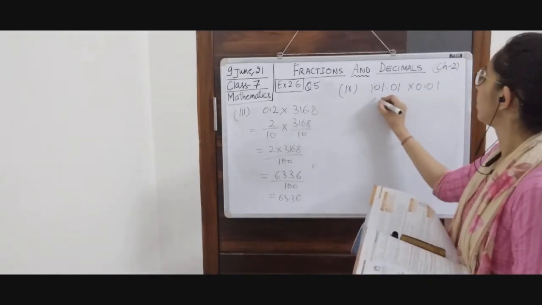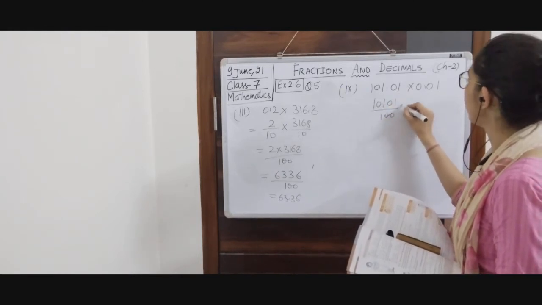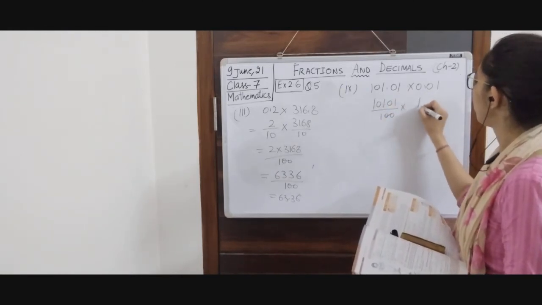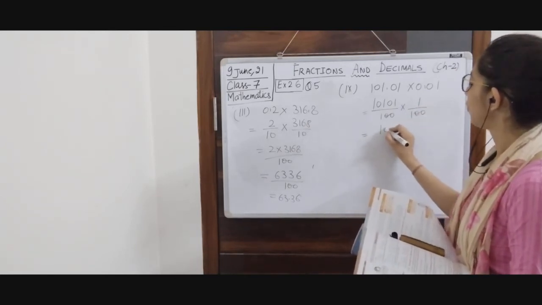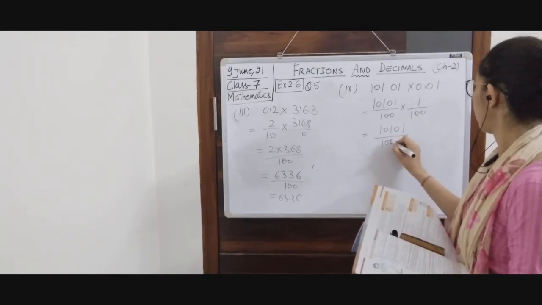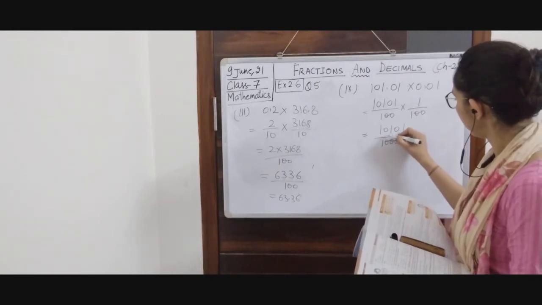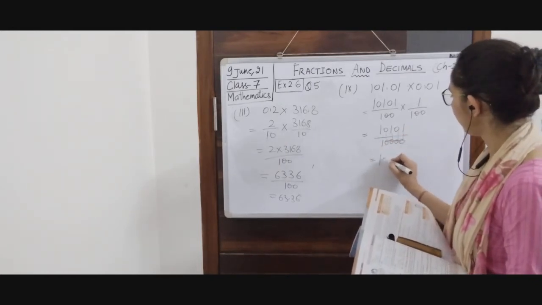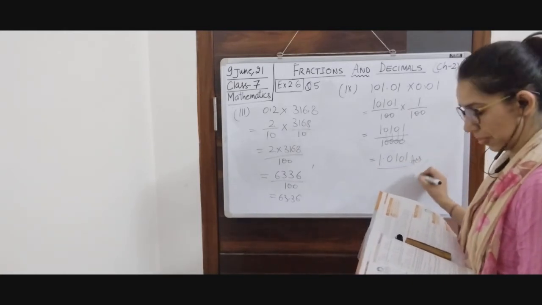It means first we will remove the decimal, divide by 100 into 1 by 100. Okay. 101, it was looking a bit different, but it is all the same method. So we will get 1.0101. So this is our answer.